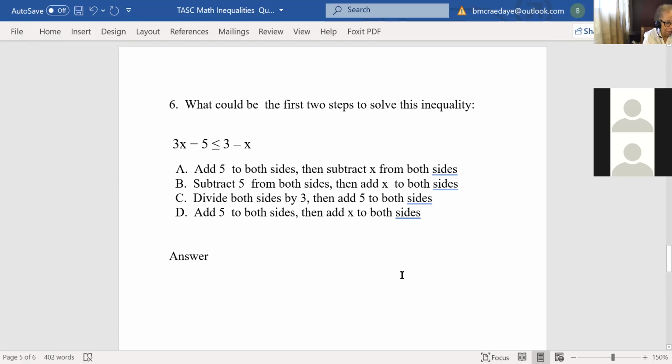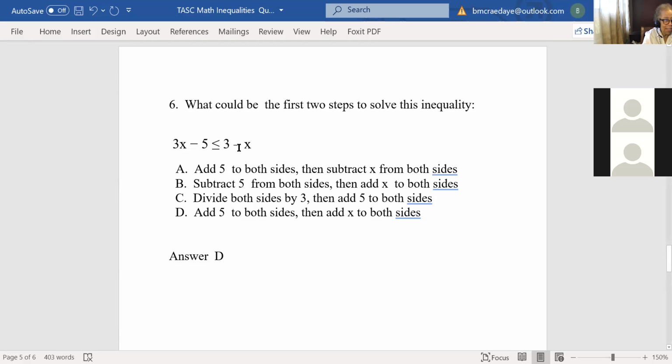Maureen, what did you have? When I first did it, I had D, but then I changed it to C. Why did you change it to C? I don't know. Well, you're not going to do the division until you get the addition cleared away.